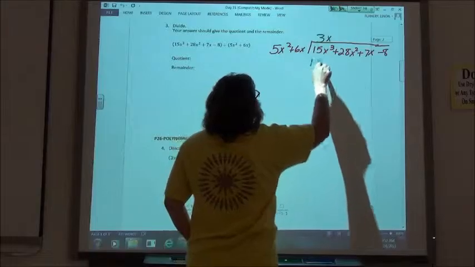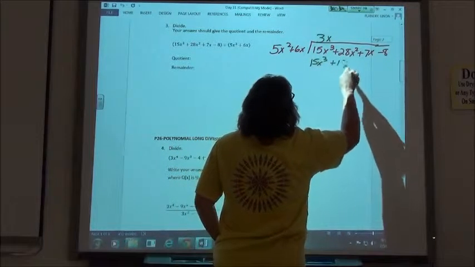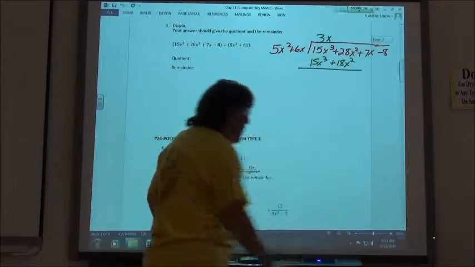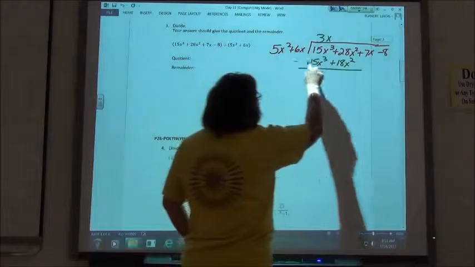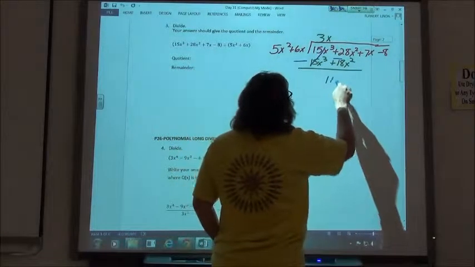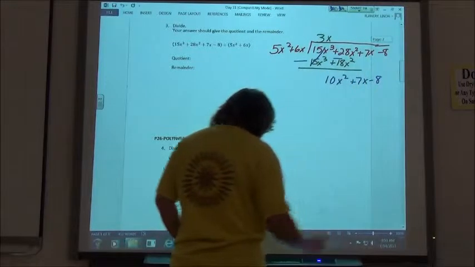So we would get 15x to the third, and 3x times 6x would be 18x squared. We then have to remember to subtract, so we're going to bring down an x squared plus our 7x minus the 8.